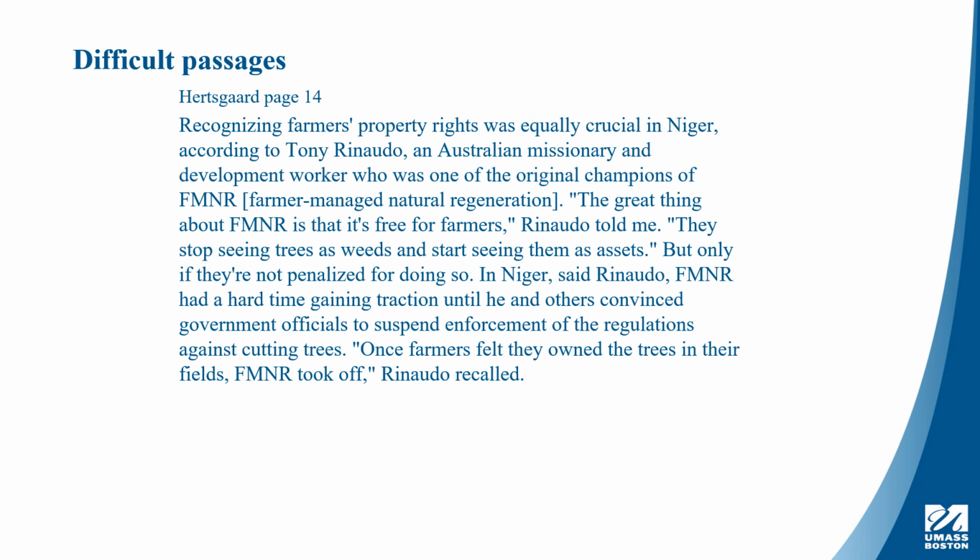Hertzgard's chapter isn't difficult to read, but here's one of his slightly more difficult passages. The development workers, which is the people who are working with non-governmental organizations to improve living conditions in that country, use the term farmer-managed natural regeneration, which in this essay is abbreviated as FMNR.